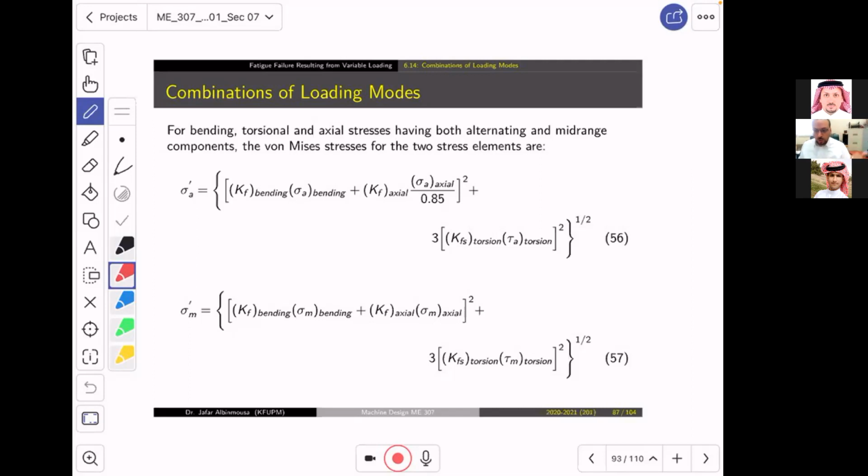Now, in chapter 5, we told you we have the maximum shear stress theory, we have the von Mises theory. Most common is the von Mises. And that's what we are going to do. Now remember, von Mises, ya akhwan, what does it do? It takes the multi-axial loading state and converts it, ya shabab, into a uniaxial normal state. Why?